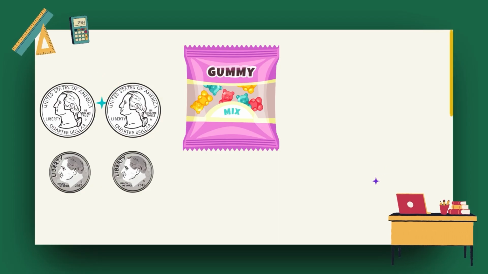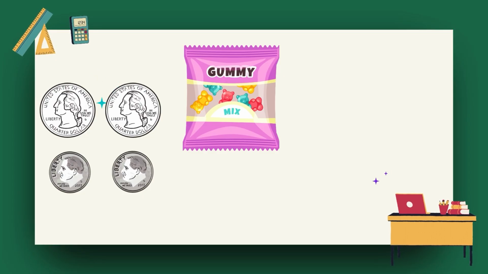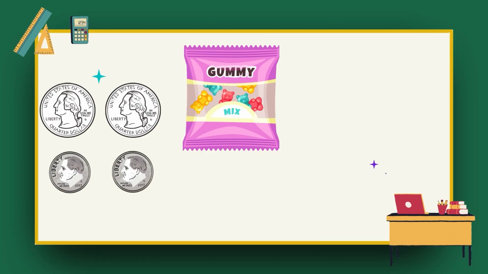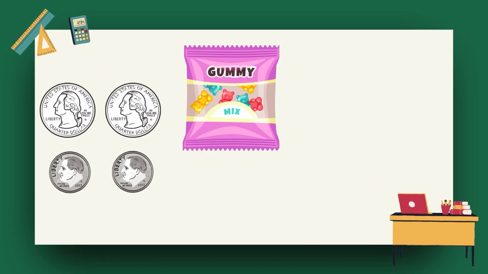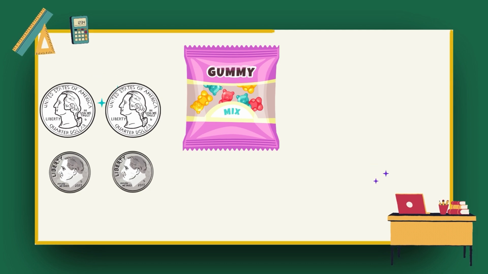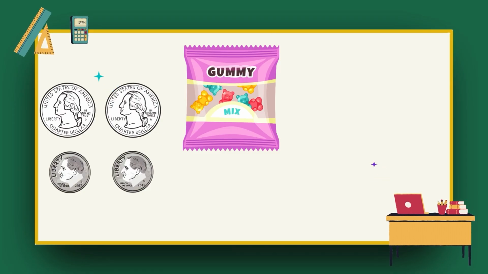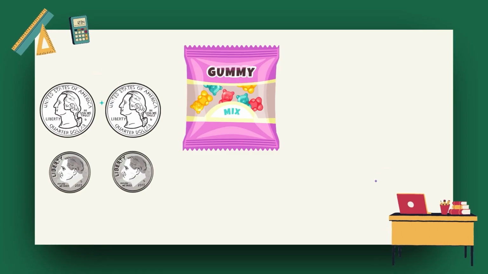So what I always like to do is start with your biggest coin, the greatest value. So in this case, we have quarters, which are worth 25 cents. So I want to start counting by the 25s and then do the dimes. So let's count by 25s. And if you've never done that before, this will be really good practice. So we have 25. And then what's that second quarter? Okay, some of you said 50. So 25, 50.